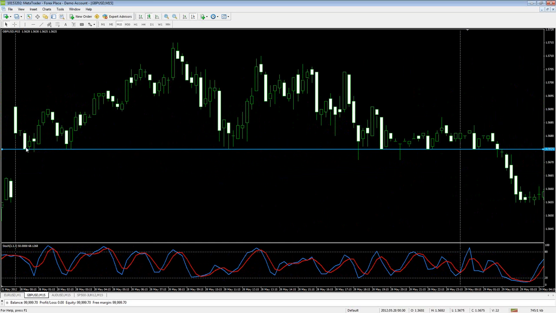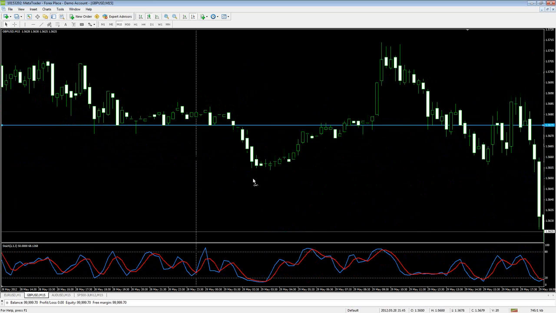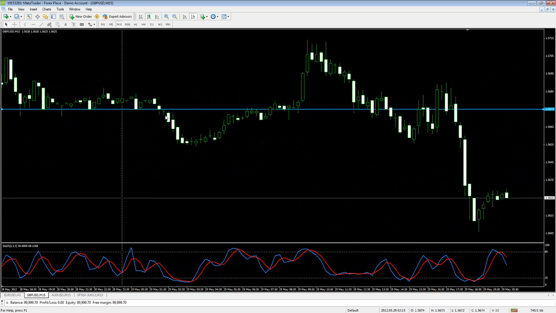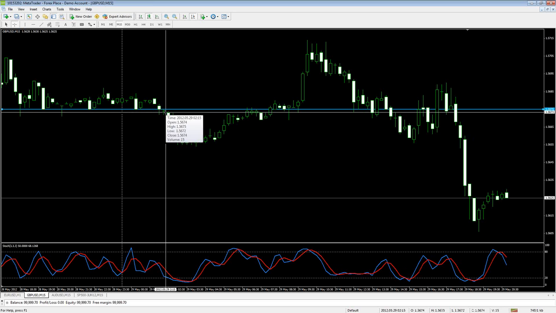You can see here it didn't close below during this whole day, and now when it finally closed below, you can see the price going down, and those of you who are a bit more aggressive may enter just as the price closed below it.